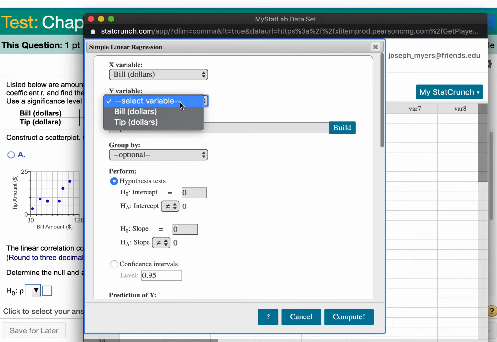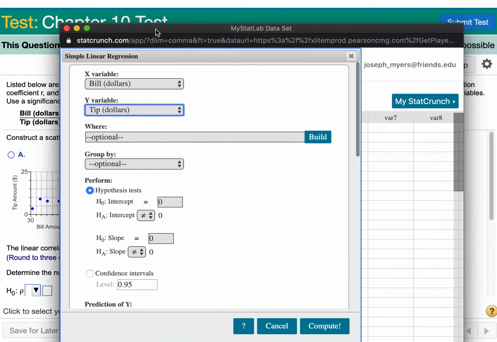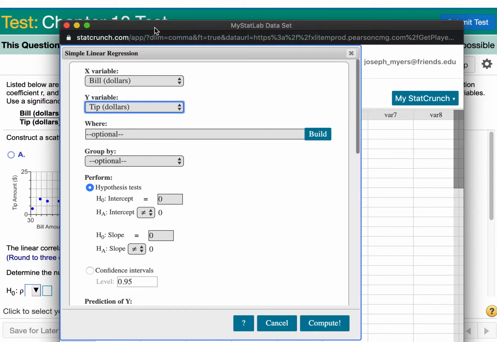Now, I can also give you another way of knowing which one is which. Even if you didn't have the graph, you would know that the x variable, x stands for explanatory. So the x variable is used to explain why something else happens. Generally speaking, why would somebody give a tip that's bigger or smaller than somebody else?